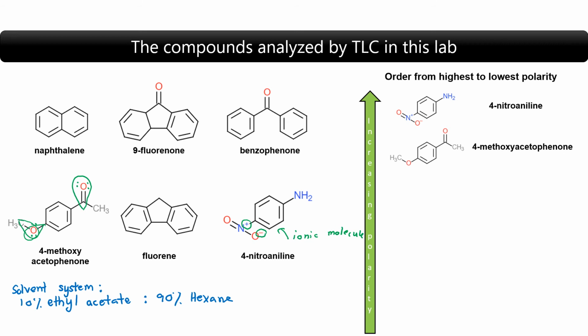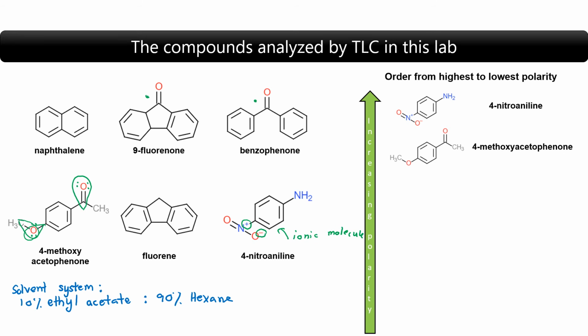Now we have four molecules left, and we can see that two of them each contain a carbonyl group. And the carbonyl group is going to give these molecules some polar characteristic. However, how will we determine which one has a slight edge over the other?